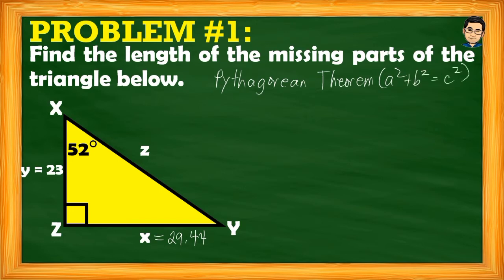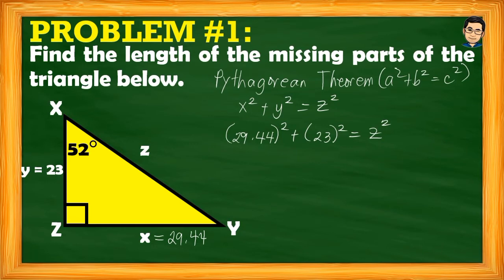So our a here is x. That is x squared plus y squared is equal to z squared. So the measure of x is approximately 29.44, plus y, which is 23. And our missing value is the hypotenuse.